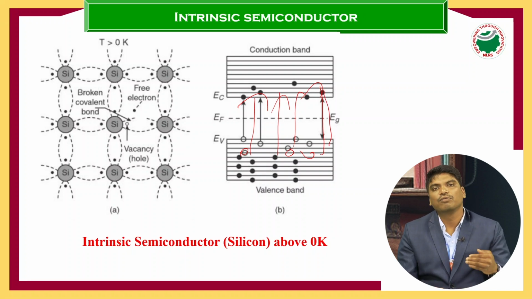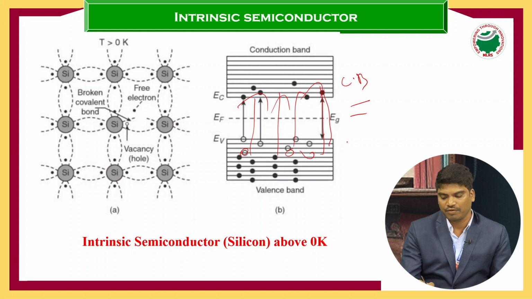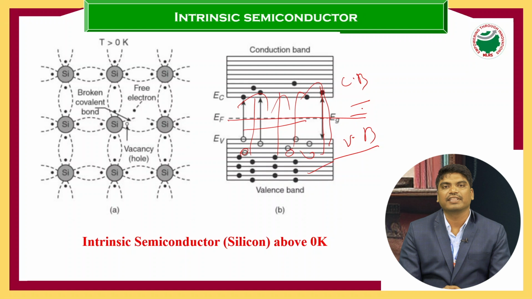So at room temperature, the number of electrons in the conduction band is almost equal to the number of holes in the valence band. Then we can see clearly that the Fermi energy level lies exactly between the valence band and conduction band.